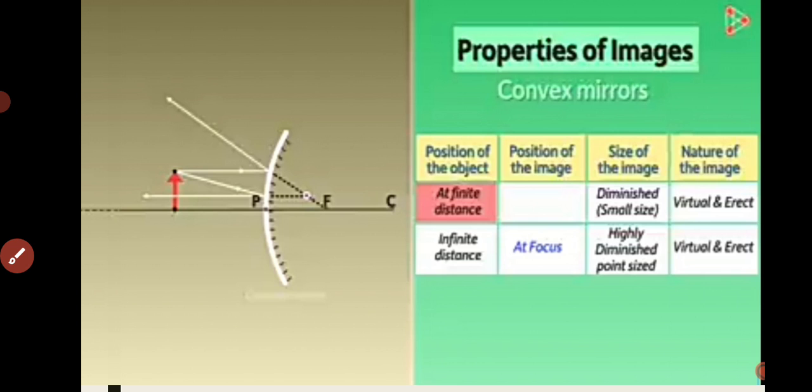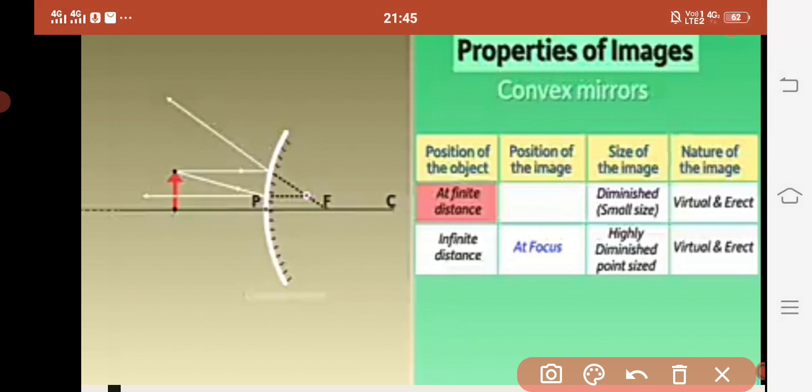Now the second position, when the object is at a finite distance, a distance which we can measure and which we know. In this case, let us consider that the light ray is parallel to the principal axis and is reflecting. The very first light ray which is coming gets diverged, and when we extend it, it meets at the focus. The second one is the light ray which is directed towards the focus and gets reflected parallel to the principal axis.